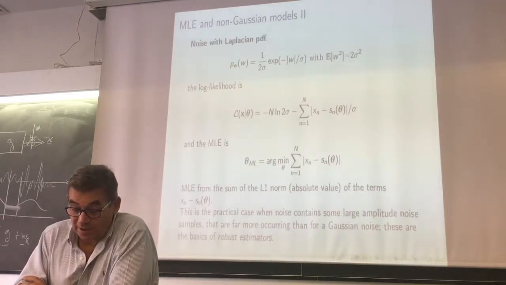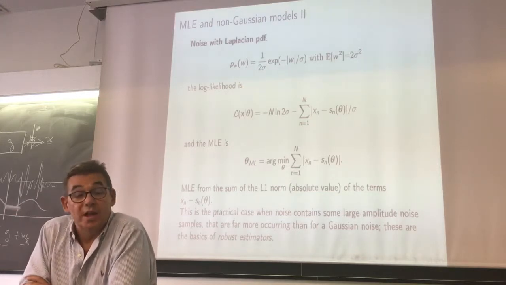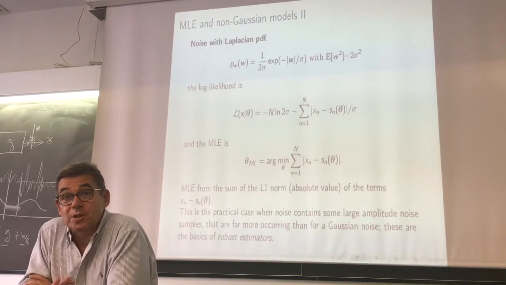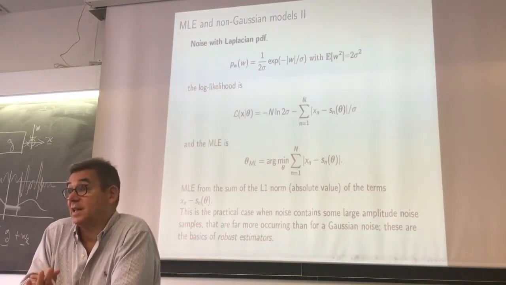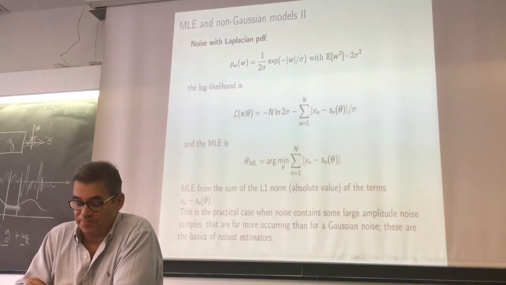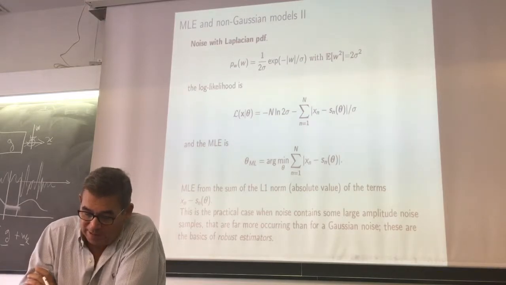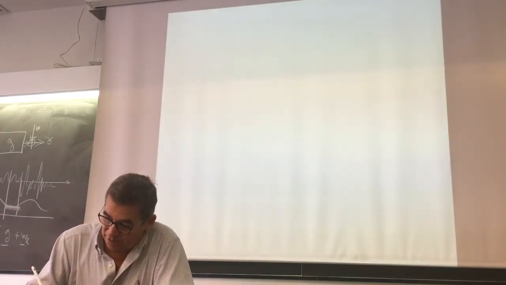Another, much more interesting, case is when the noise is Laplacian. Noise being Laplacian is very important, because it is when the probability density function has a tail that is bigger than a Gaussian. Let me spend a word on that, because Laplacian is kind of important. What does it mean, Laplacian and Gaussian?